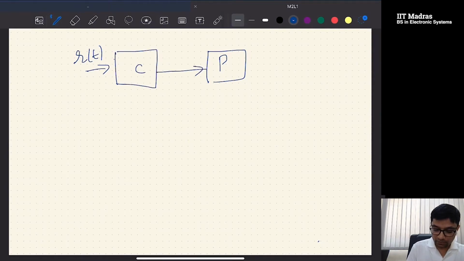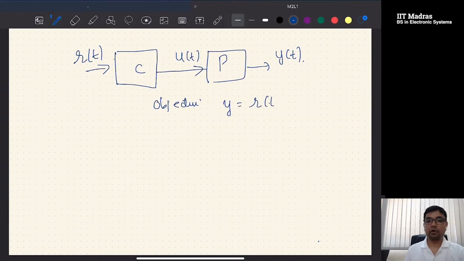The controller generates the input to the plant, and the plant generates the output Y of t. So what is the objective? The objective is to make y of t equal to r of t, so that the output must track the reference. That my car must go to the speed which I set in advance, say 60 kilometers per hour or 100 kilometers per hour.